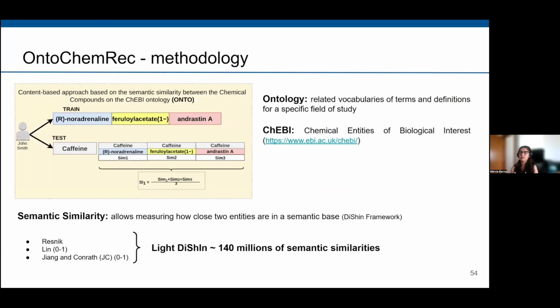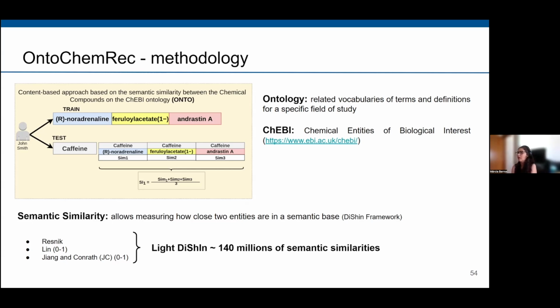And for the content-based part, we developed this approach based on the semantic similarity between the chemical compounds on the ChEBI ontology. Okay, so for this specific case, we already had an ontology to work with.